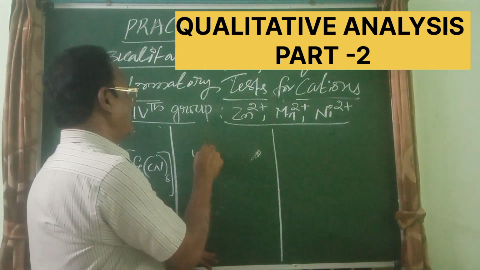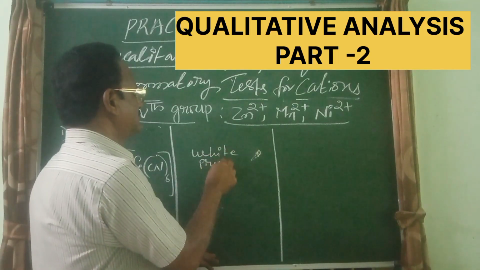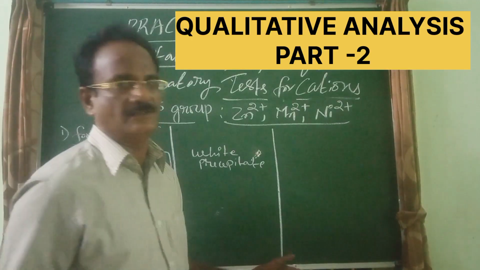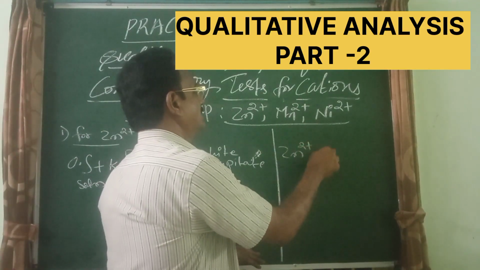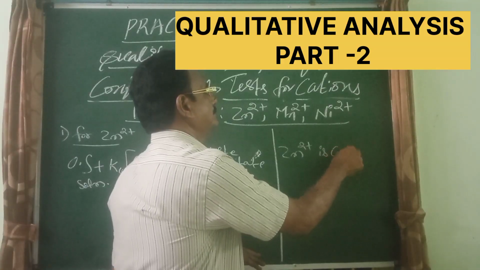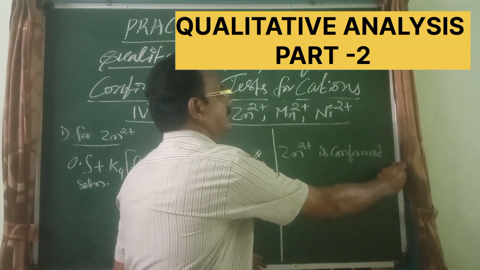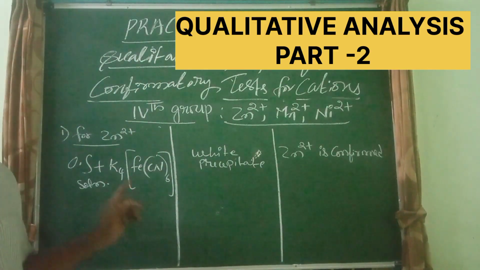It will give white precipitate if there is zinc. White precipitate if there is zinc. Okay, then we can say that Zn2+ is confirmed. Okay, this is the confirmatory test for zinc.